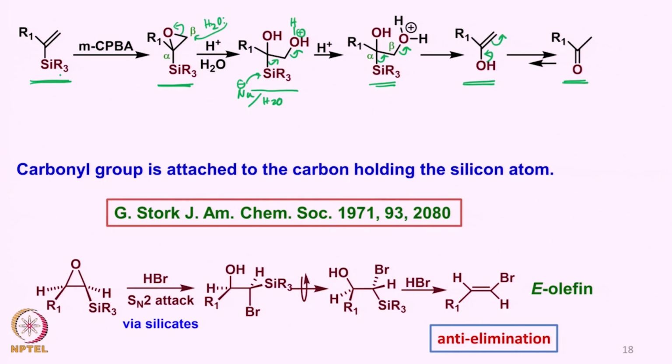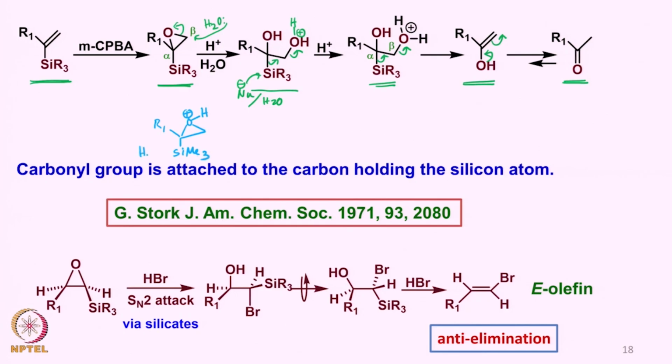This can also be written in a slightly different way: we can start with the protonation directly on the epoxide oxygen, and one can think about the cleaving of the carbon silicon bond like this.